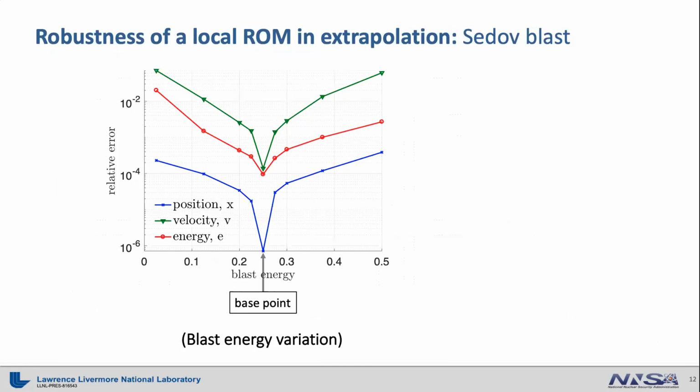For example, this graph shows the relative errors of a local reduced order model that is trained at the local point blast energy 0.25 here for the Sedov blast simulations. As the prediction point gets away from the training point, the accuracy of the local reduced model deteriorates, but not much though.